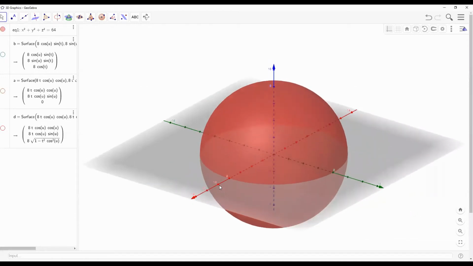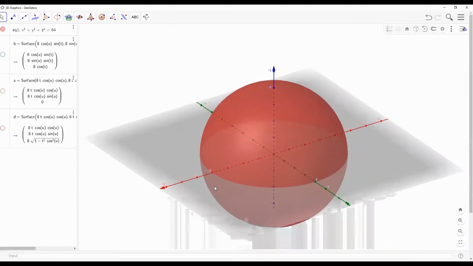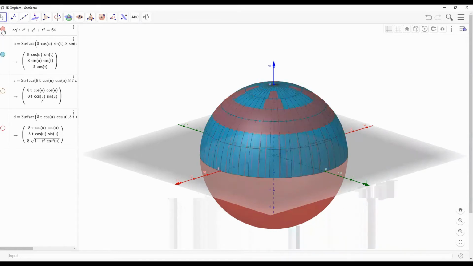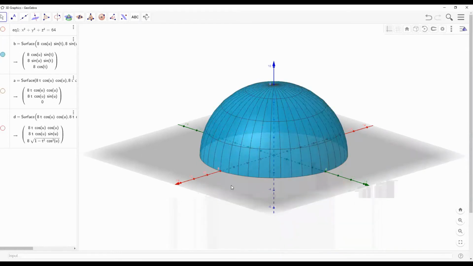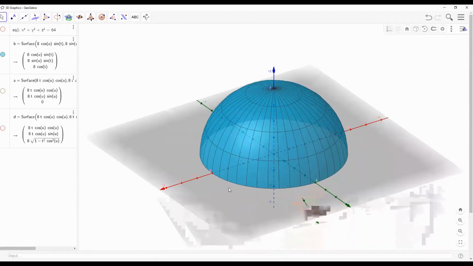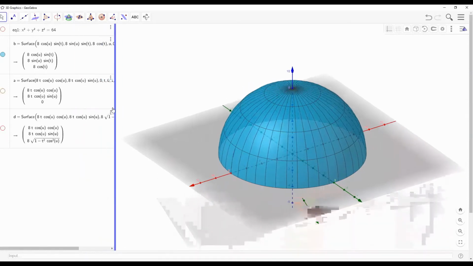What we're actually interested in is the piece of this sphere that's above that certain restricted region. Since we're only worried about the top half, I'll just highlight the top half of the sphere there. We're interested in a piece of this surface here. Okay, now which piece are we actually interested in?